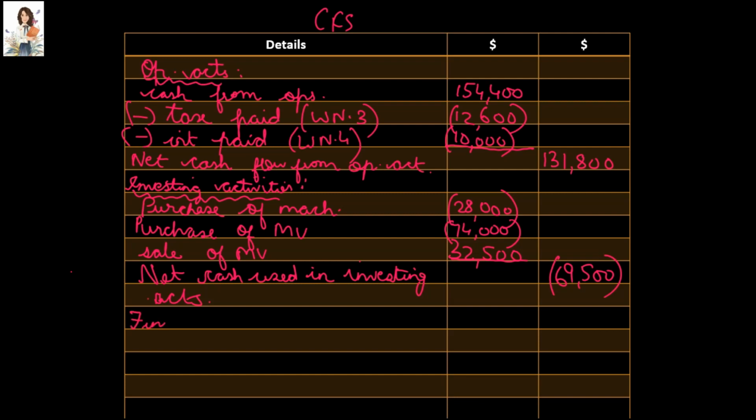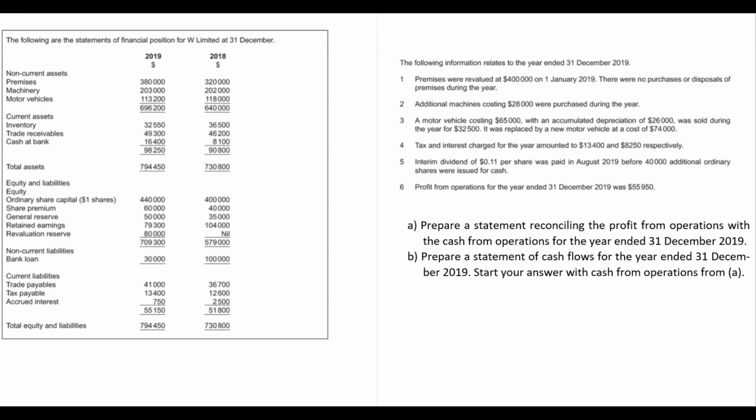Next, we will deal with financing activities. At the beginning of the year, our share capital was $400,000. At the end of the year, the share capital is $440,000. So share capital has increased by $40,000. And similarly, share premium account, it has increased from $40,000 to $60,000.